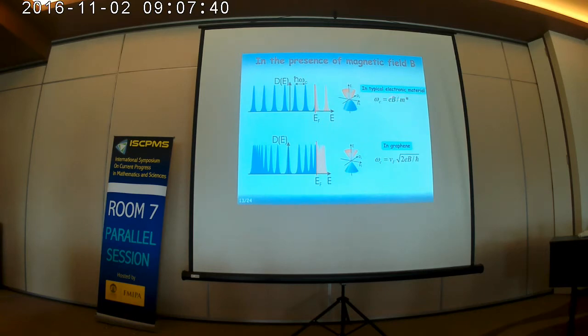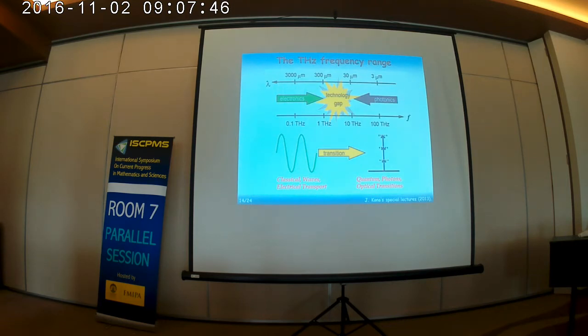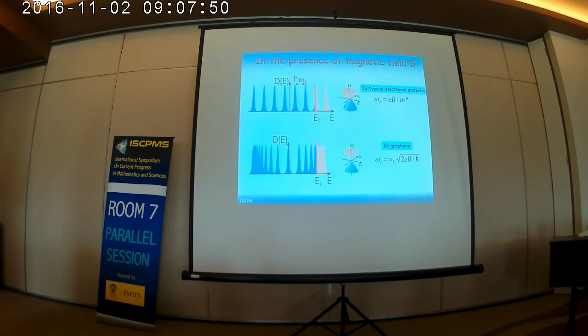For typical metals like gold, aluminum, and silver, the cyclotron frequency is proportional to the magnetic field B. However, for the graphene, the cyclotron resonance frequency is proportional to the square root of the magnetic field B. It's different from gold, silver, and aluminum.